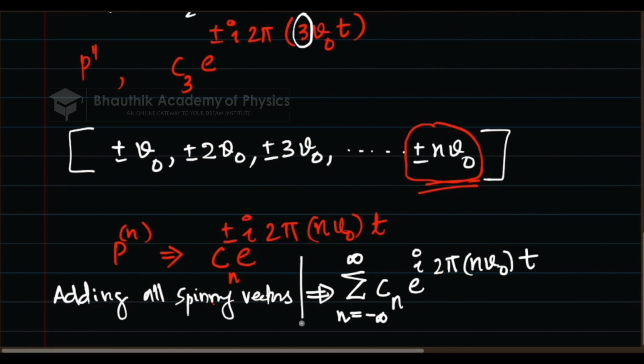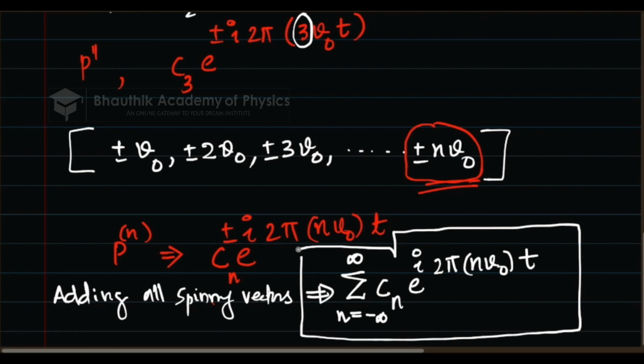So I just constructed a summation formula, and its physical meaning is nothing but adding infinite spinning vectors and each vector has a frequency which is an integer multiple. Okay, because as you have already seen, n can take plus or minus 1, plus or minus 2, plus or minus 3 in general.